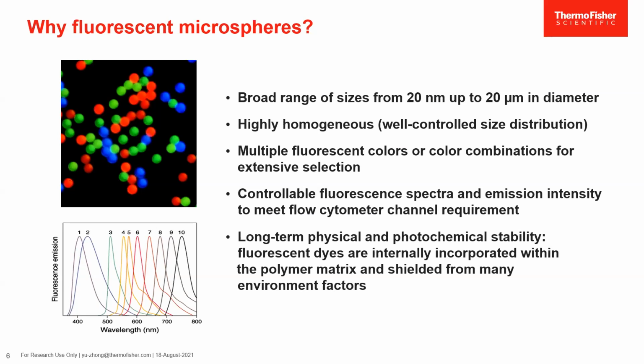Why do we use this non-biological particle as a reference? Why don't we just use cells? Because cells have a lot of biological variation in terms of size, surface marker density, and labeling variations.